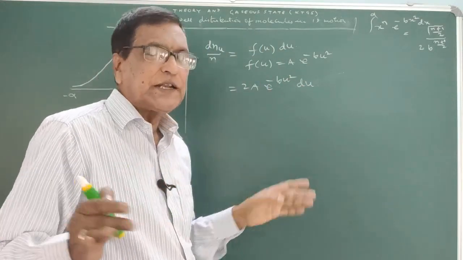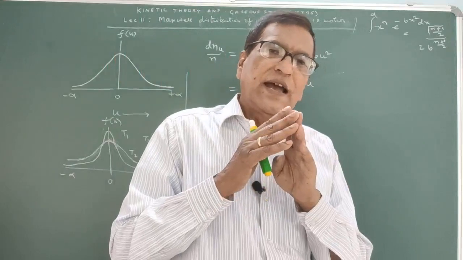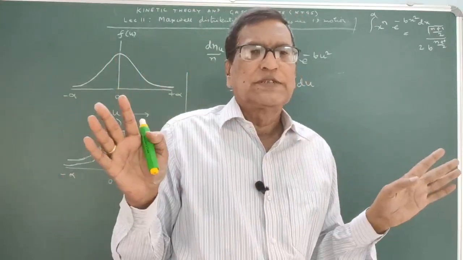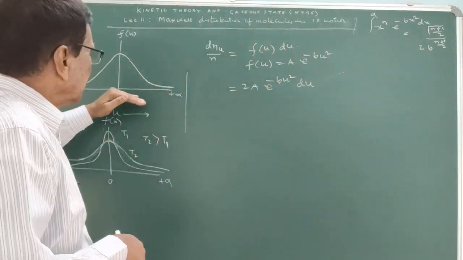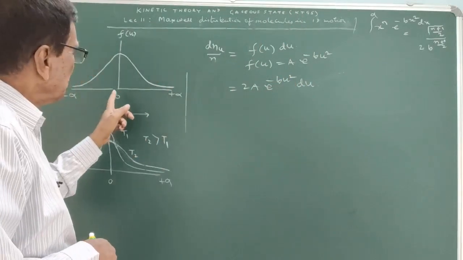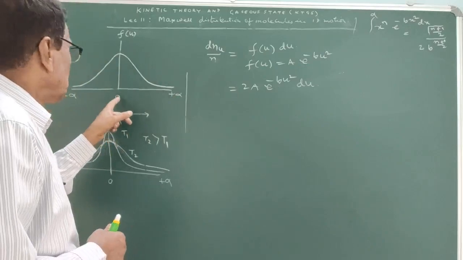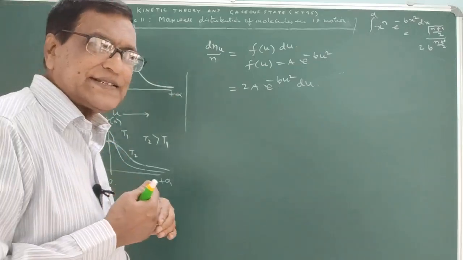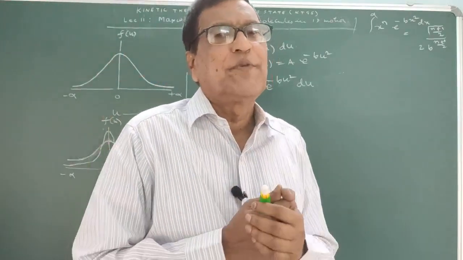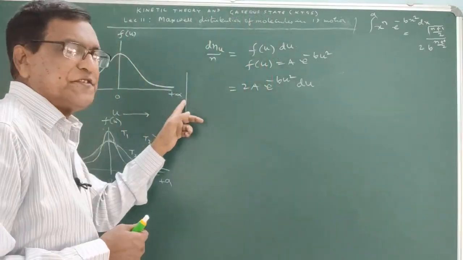Here 2 is multiplied since, in the earlier case, half the molecules were moving from 0 to plus infinity, and half of the molecules were moving 0 to minus infinity. Now in this case, all the molecules are moving 0 to plus infinity.